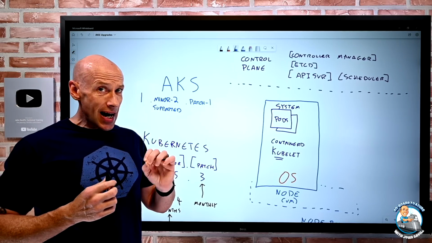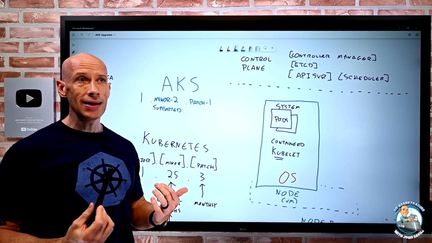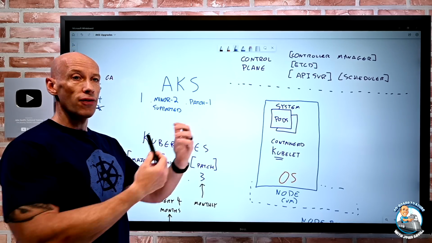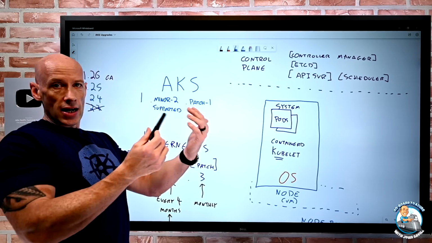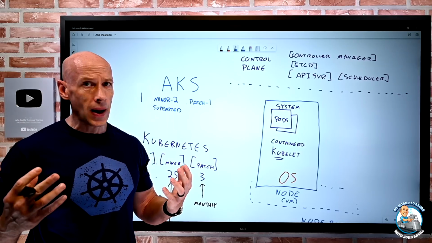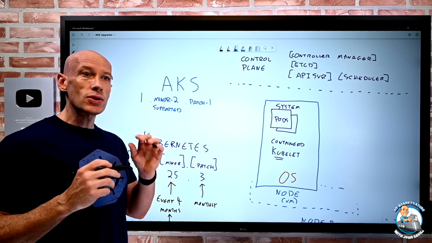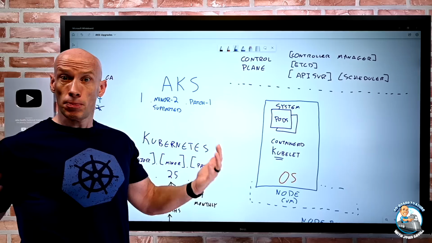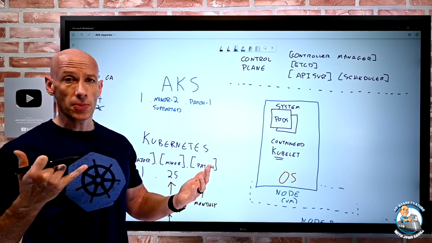Could I today stay on an older version outside of that? Yes, you can. But the documentation does state if you fall below, I think it's kind of N-3, they have the right to force that upgrade. Because you think about if there's some vulnerability in the control plane, they don't want that. Because if you get into the control plane, maybe I can do other things. So today, I'm unsupported, which means if I call support, they're going to say, go to a supported version before we'll do anything.